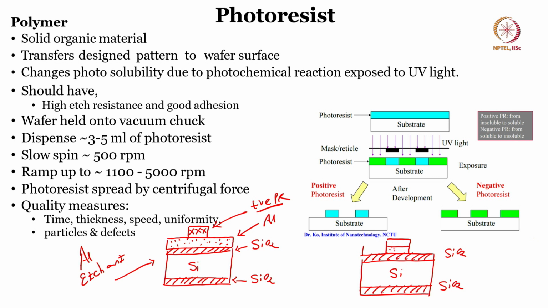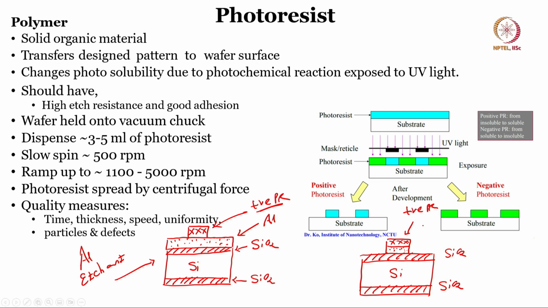aluminum should get etched from all the area except the area which is protected by the photoresist. So, this is what we are expecting.